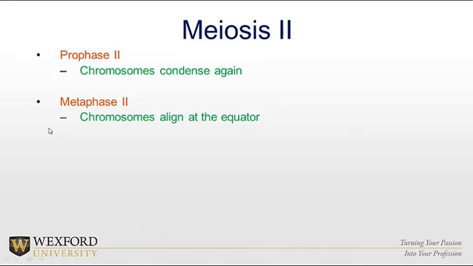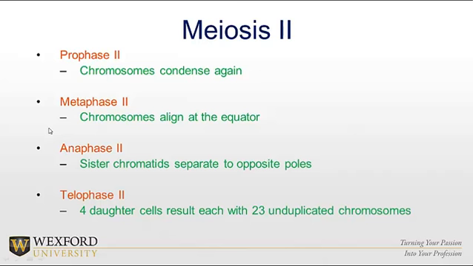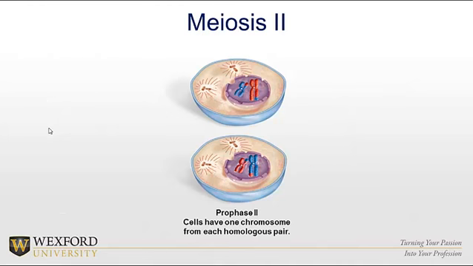Then metaphase 2, where they align at the equator. In anaphase 2, the sister chromatids separate to the opposite poles. And then finally, once again, we end up with 4 haploid daughter cells. In the case of humans, 4 daughter cells with 23 unduplicated chromosomes in each.